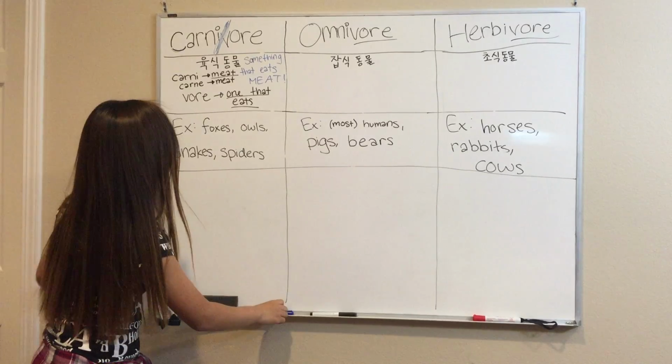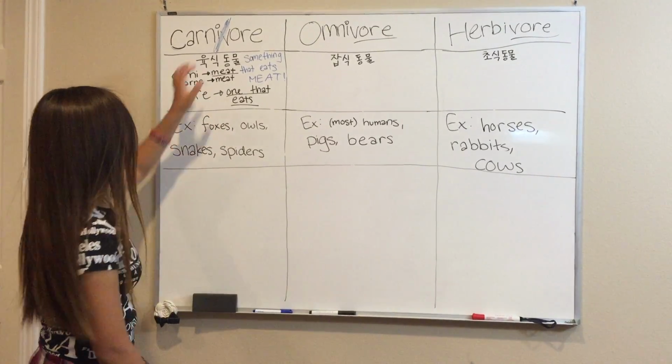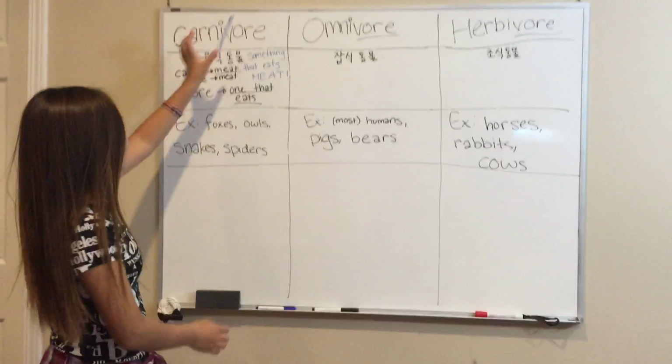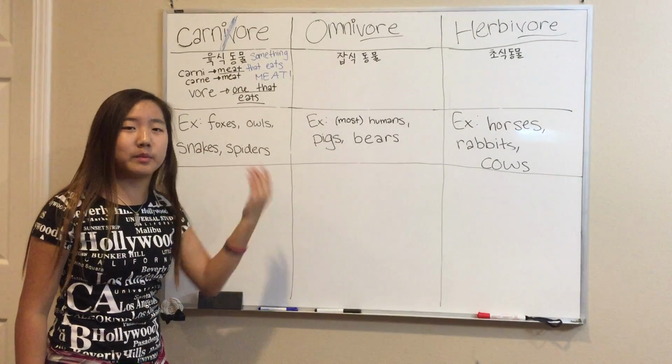Because if you put them together, one that eats meat makes pretty good sense, doesn't it? If you just separate words, then it's easier to find out. And once you learn more roots and parts of words like that, then it'll be much easier.